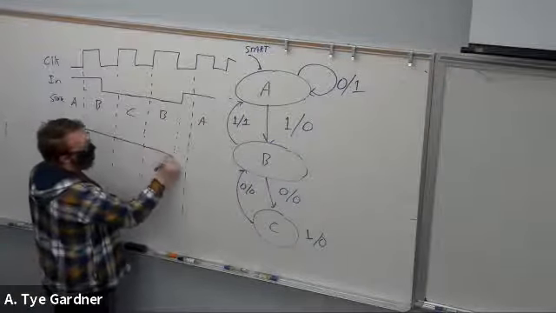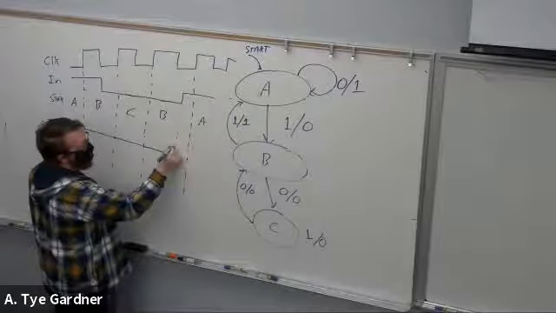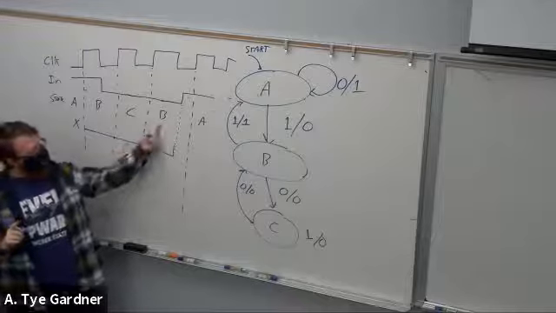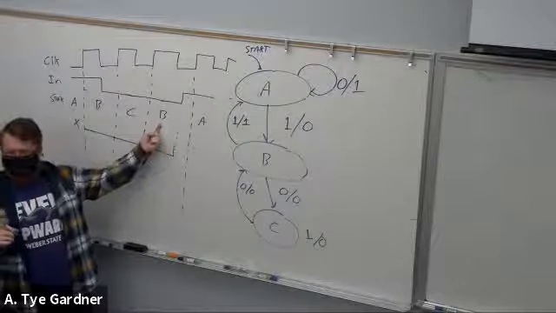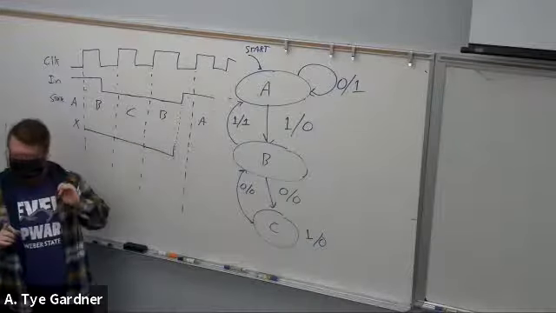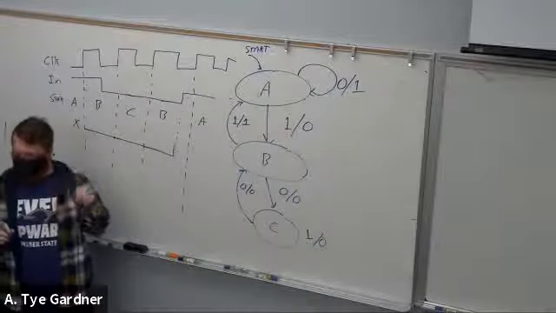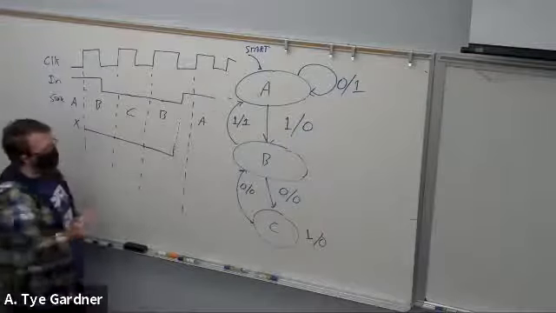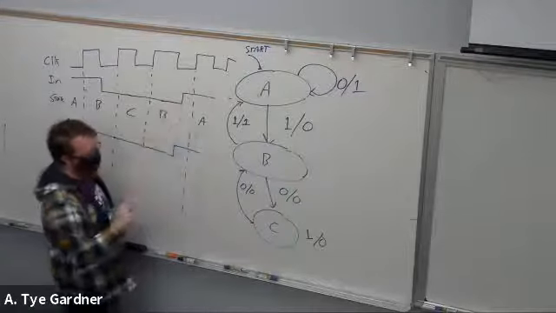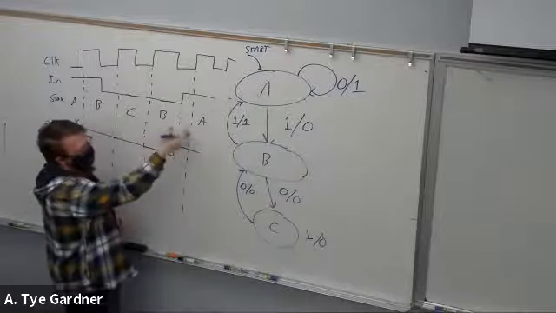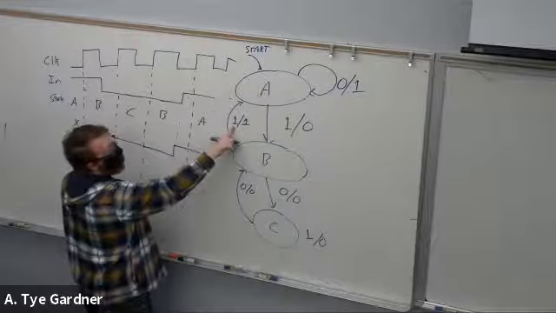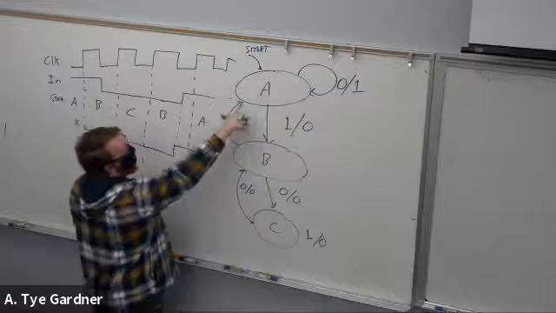So the input changes and it goes high because this is an immediate state machine, which cares about both what state we're in and what the inputs are, both the state and the inputs. So it goes high because the input goes high. Again, you can delay that until the clock ends, either way it's fine, but I want to illustrate this. So now we've got a 1, and we go back to A.